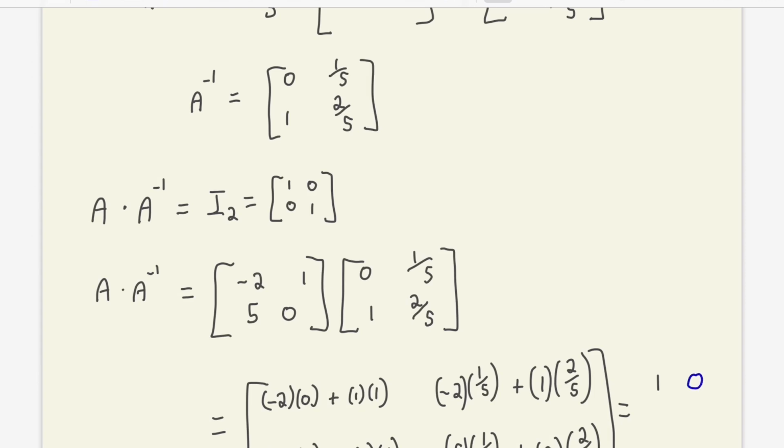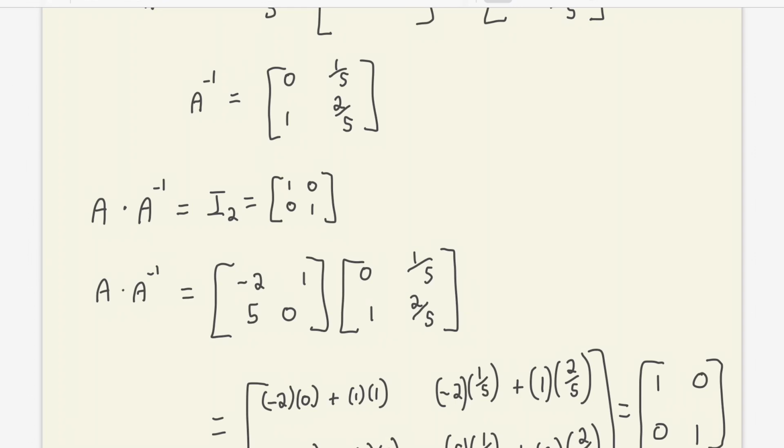That's going to give us 0. Then 5 times 0 is 0 plus 1 times 0 is also 0. And then our final spot, 5 times 1 over 5 is 1, and 0 times 2 over 5 is 0. So we just have our 1 from the 5 times 1 over 5. And that gives us our identity matrix.